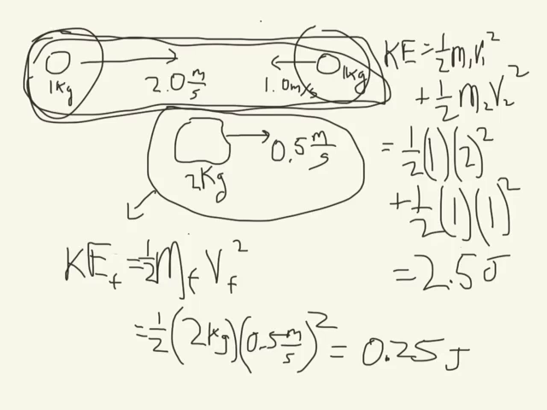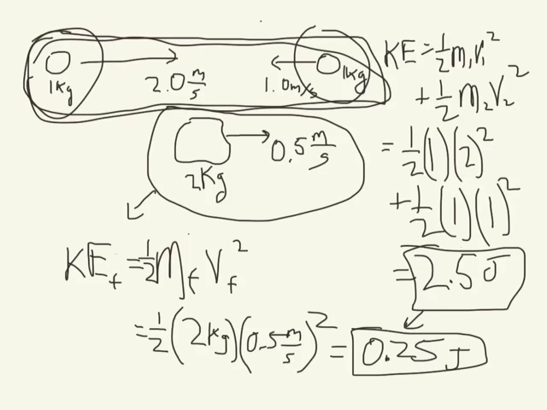A lot of motion has been removed in this collision, and because kinetic energy is proportional to the square of the velocity, that has a profound impact on the kinetic energy. So we end up losing most of the 2.5. We actually lose 2.25 joules. And so to conclude, we find that kinetic energy is not conserved in an inelastic collision.